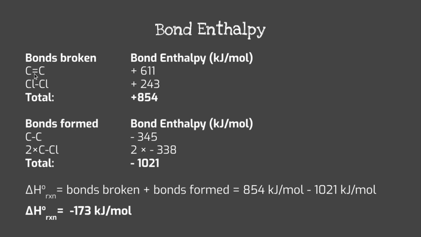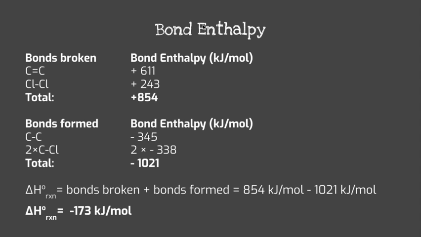As you can see, there's one C double bond C that is broken. There's one Cl single bond Cl that is also broken, and the respective bond enthalpies are these, and we need to take the total of that. Next are the bonds formed.